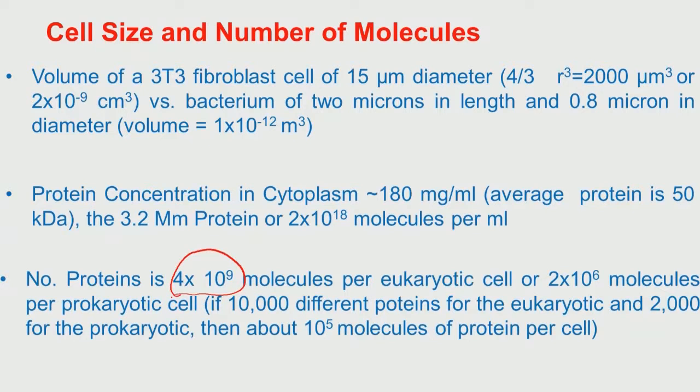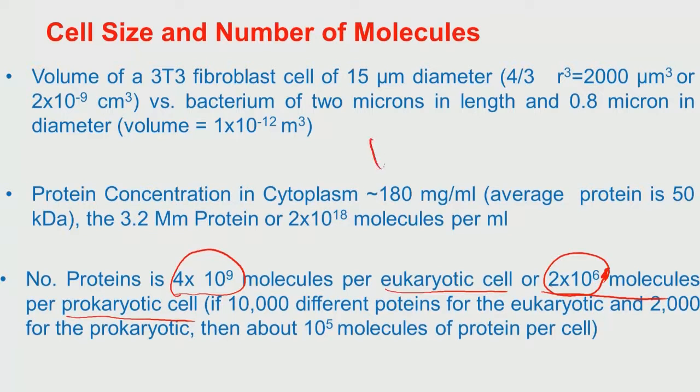Typically a eukaryotic cell has 4 into 10 to the power 9 protein molecules, whereas in a prokaryotic cell the number of proteins is a little less, simply because prokaryotic cells have a much smaller cell size compared to eukaryotic cells.